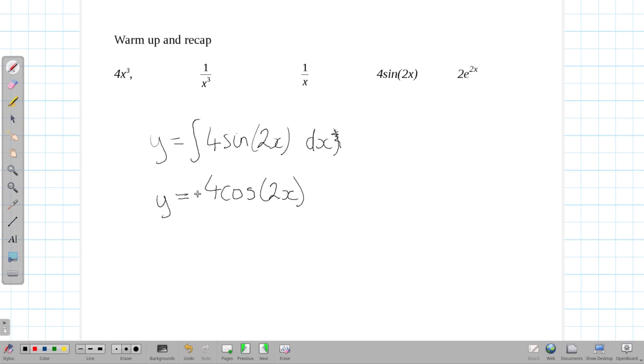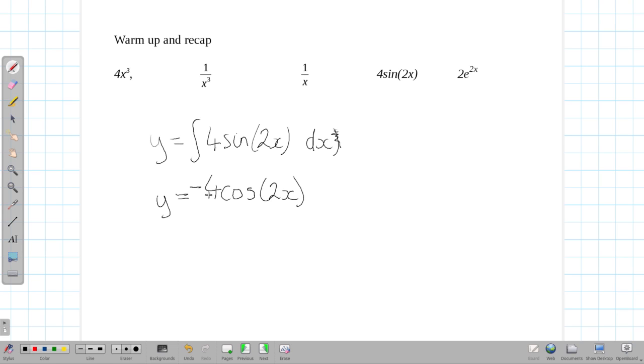Right, let's start thinking about the differences. To get a plus cos, it should be a minus sign. So we should have a minus sign here. Think of it the other way around. If we differentiated cosine, then we get a minus sign as the answer. So we must have started with a minus in the first place. Okay, what happens to this 2?